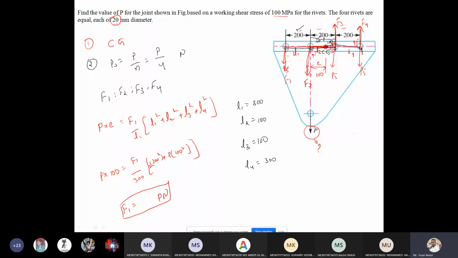I don't know why you are doing this. 0.15 P. Very good.